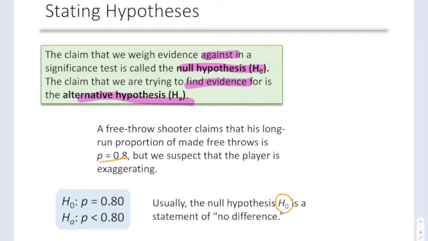In this particular situation, h sub 0 is p is equal to 0.8 because that's his claim. And then the alternative, h sub a, is that p is less than 0.8 because we suspect he's exaggerating. There's also a part where you can do no difference. So we'll see.